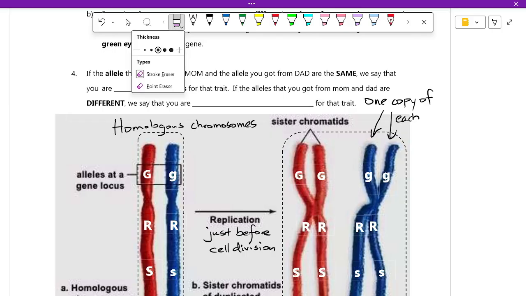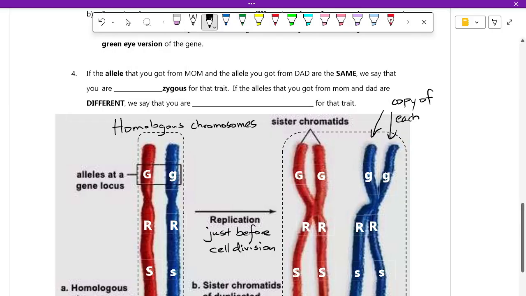You have 2 copies. 2 copies of each chromosome. And that's because each daughter cell after division needs a copy.